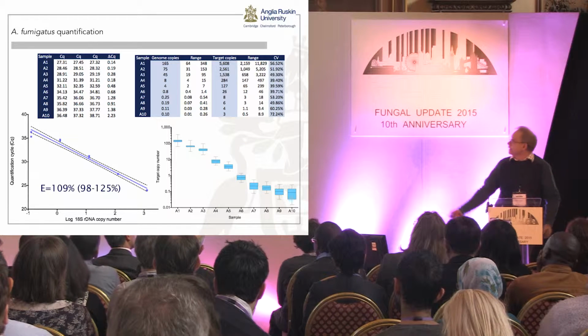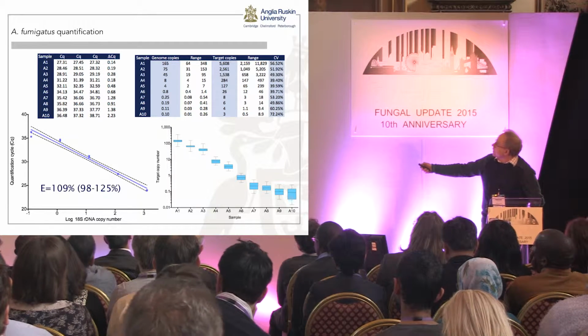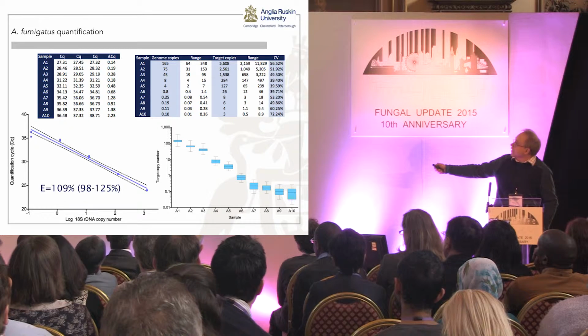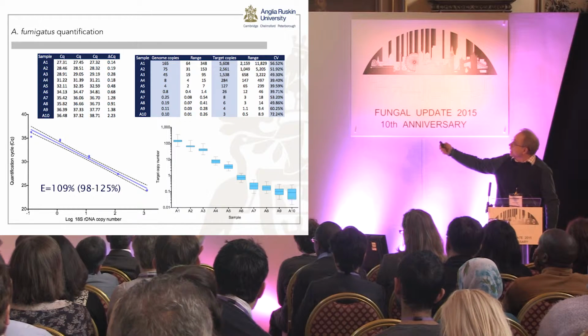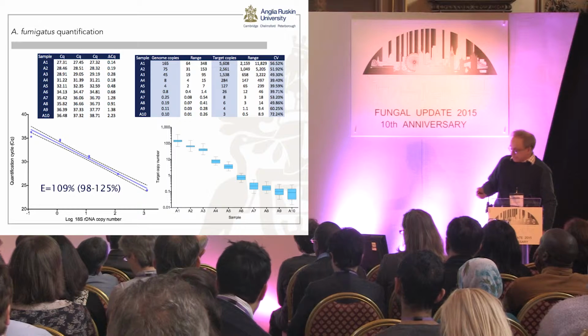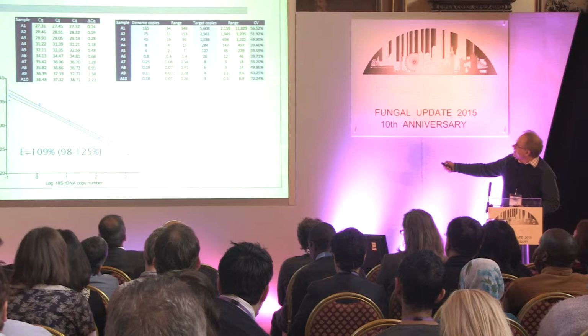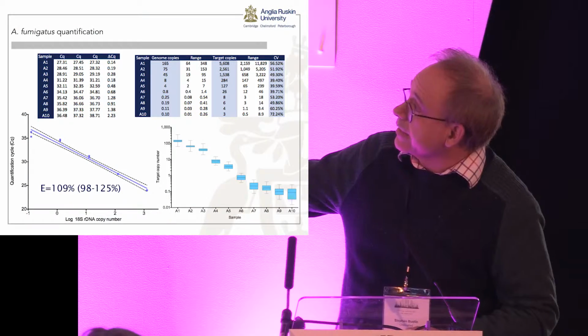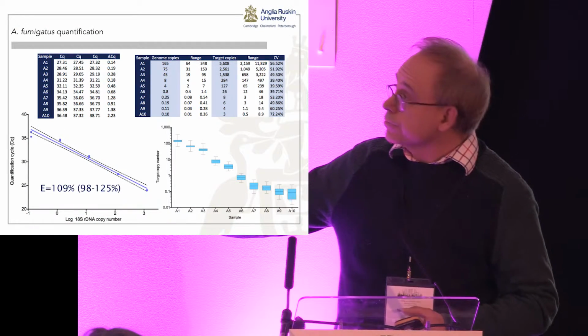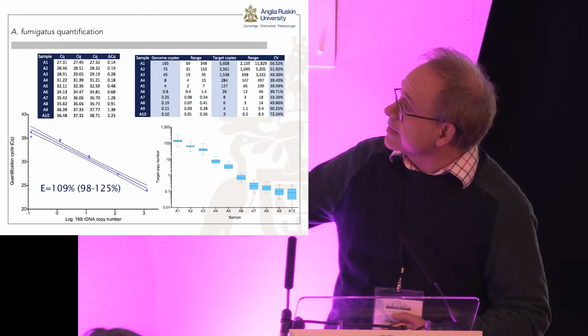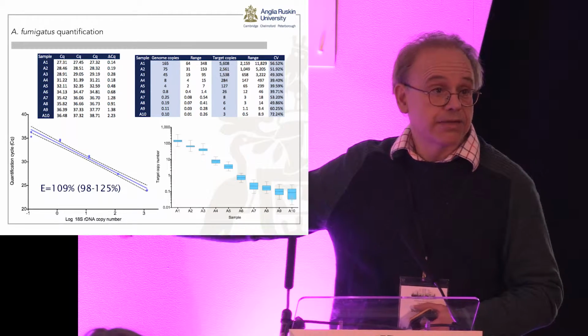Most people don't do that. And so you end up with a calculation of genome copies and the range, and the actual targets, the ribosomal RNA range, are listed here. Of course, most people will only show you this number here, and they won't actually show you the error that's involved.